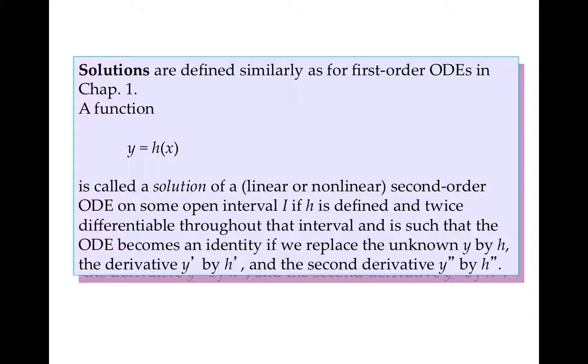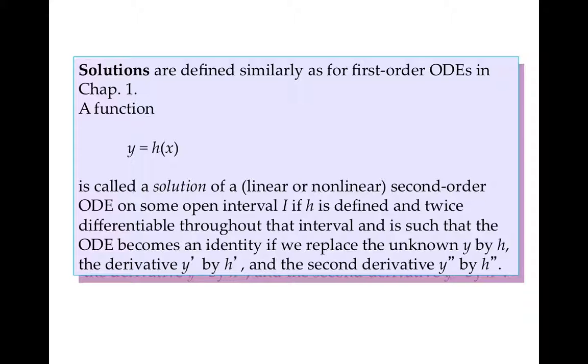So what happens is if you get this solution h, you should be able to substitute that solution into the original differential equation, and it will satisfy the differential equation. In other words, the equation becomes an identity.